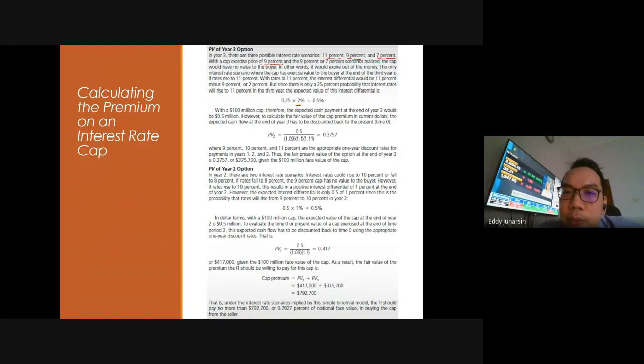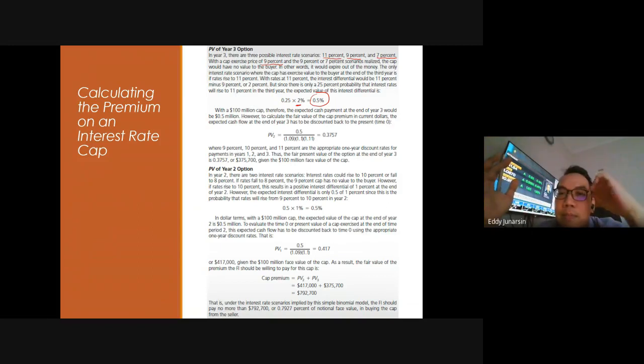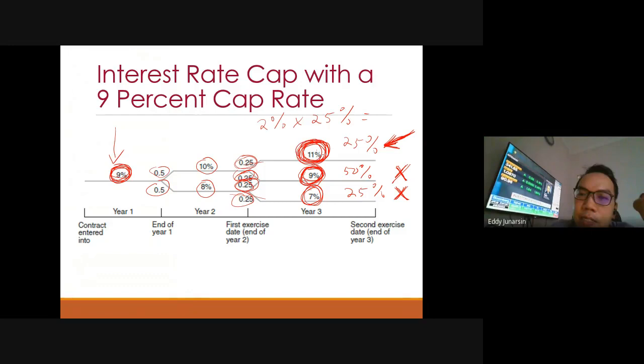Weighted by probability, that gives 0.5%. Again, if the interest rate turns out to be 11% after 3 years, we gain 2% because the cap rate is 9%. On the other hand, the other scenarios will not give you anything: 9% you will let go, 7% you will let go as well. So 0.5%.